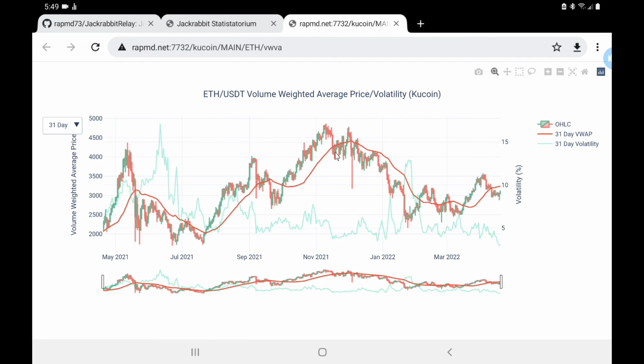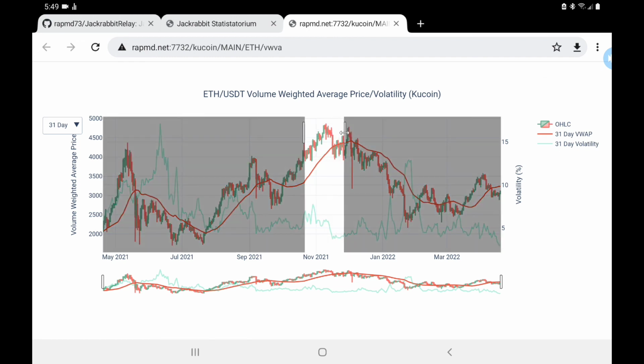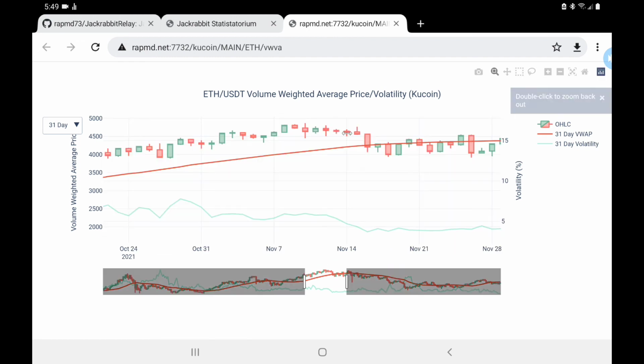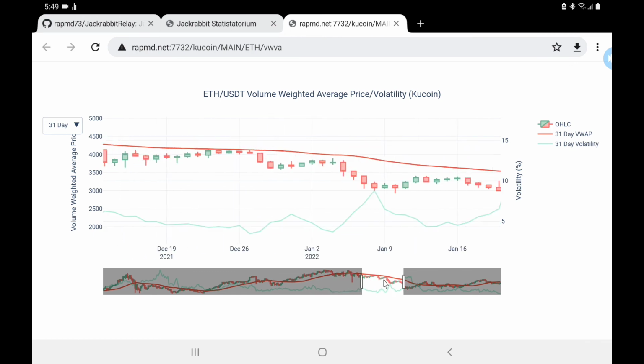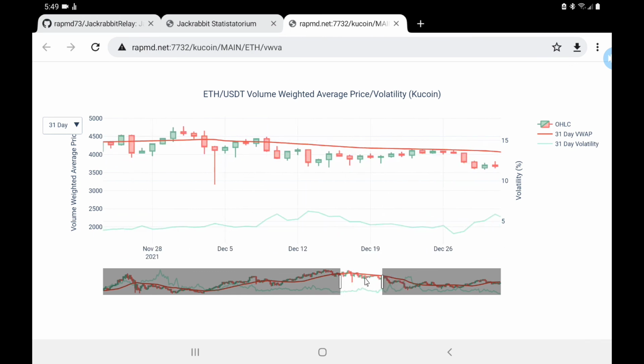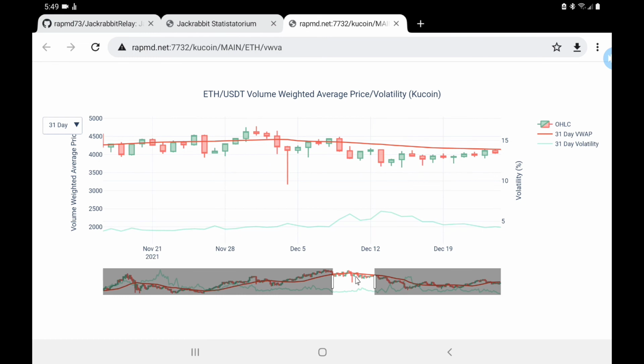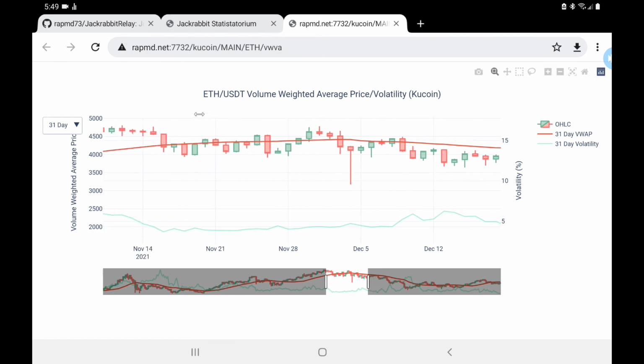Let's look at some of the data at the high point. As you can see, the price went above the 31-day, and it still trended till about here, when the price went more of a sideways motion.